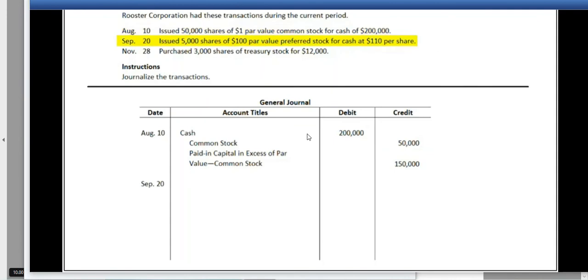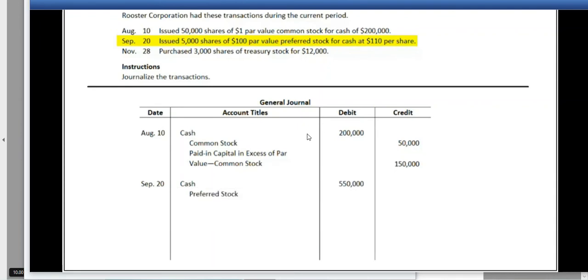On September 20th, the company issued 5,000 shares of $100 par value preferred stock for cash at $110 per share. The accounting for this will be the same as that of the issuance of common stock. First, cash will be increased by debiting it for the amount received of $550,000, calculated as 5,000 shares times $110 per share.